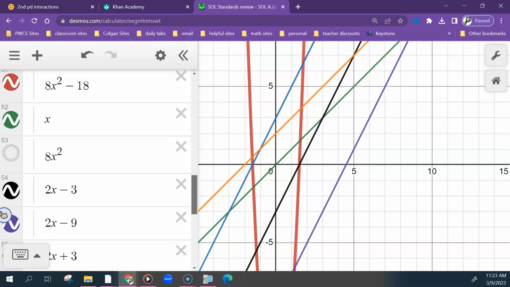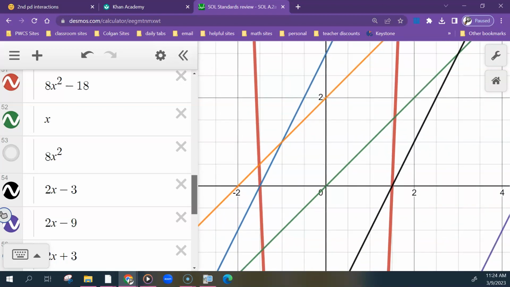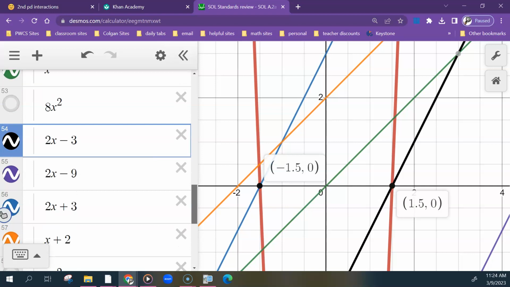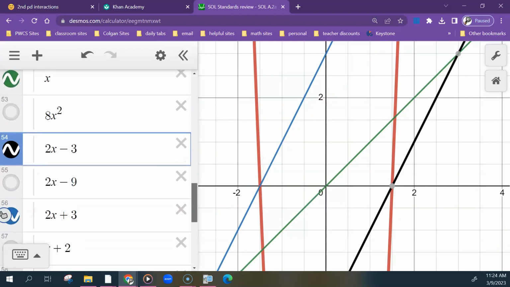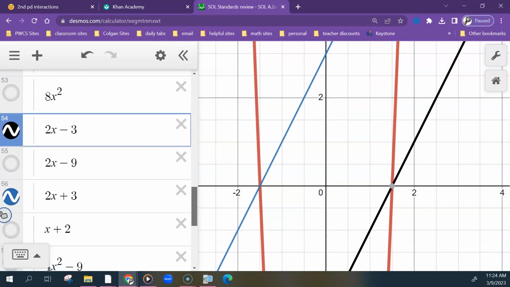And then of the ones left, we're looking for which of these lines go through the red at the x-axis. The blue and the black lines are the only ones that do that. So those would be 2 of your answers.